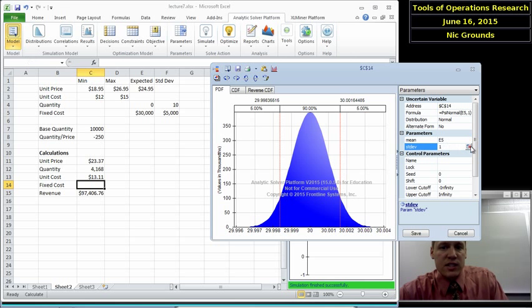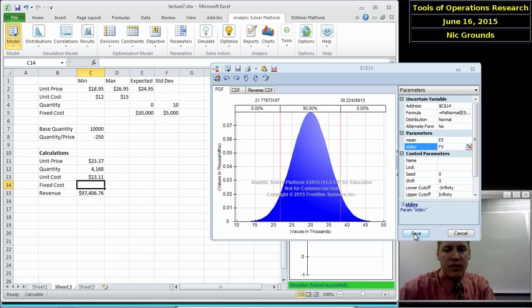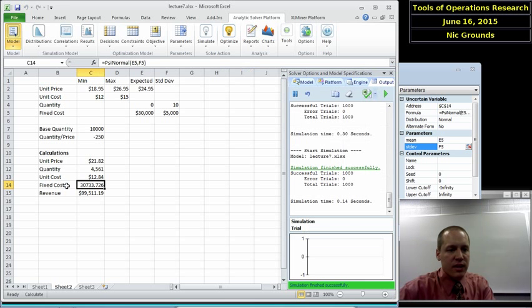And we want to change the standard deviation to be cell F5, which is the standard deviation amount, the parameter we got from the problem description. Once I've entered those two things, I can click Save, and you'll see the function it put in here is just equals PSI normal, and the two parameters to that function are E5 and F5, the mean and then the standard deviation. So you can just type this in if it's faster.